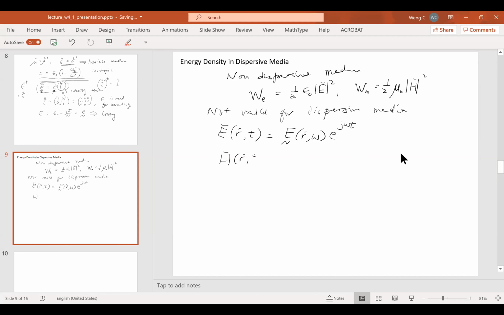And then the H field is given by this quantity, which is complex. And we will make sure that omega is not purely real. Omega is something with the real part subtracted with a small imaginary part. So omega is a complex number.